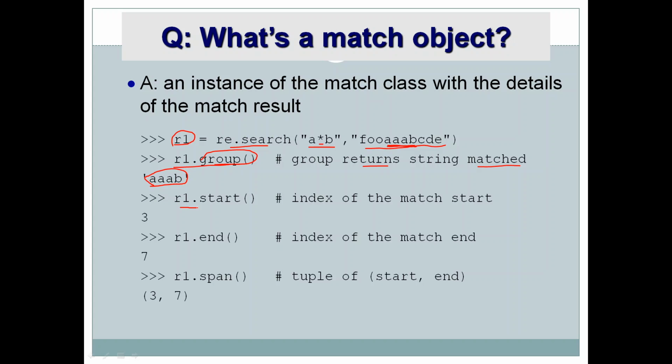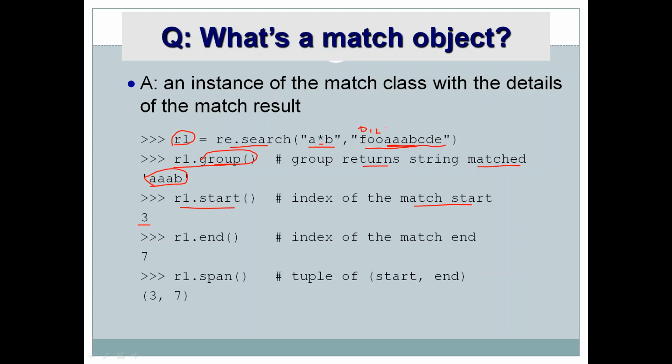Then we have the method r1.start, which gives the index of the match start. The index of the first match, wherever it is found, you will get by using r1.start. The starting index position is 3. If you look here, f is at the 0th position, o is at the first position, this is at the second position.